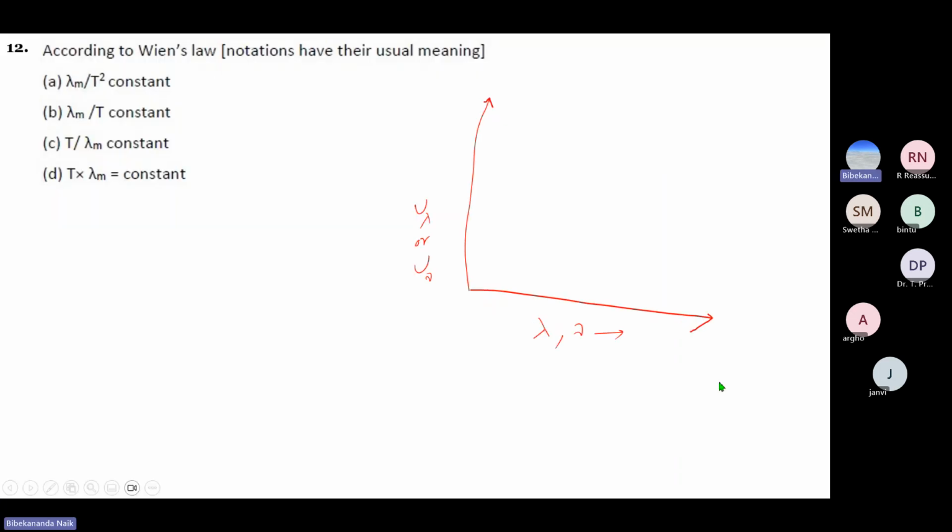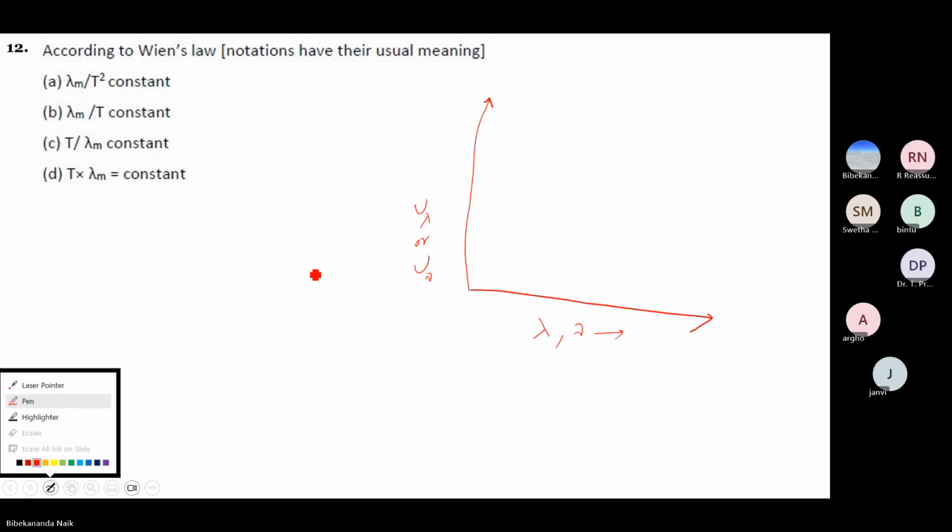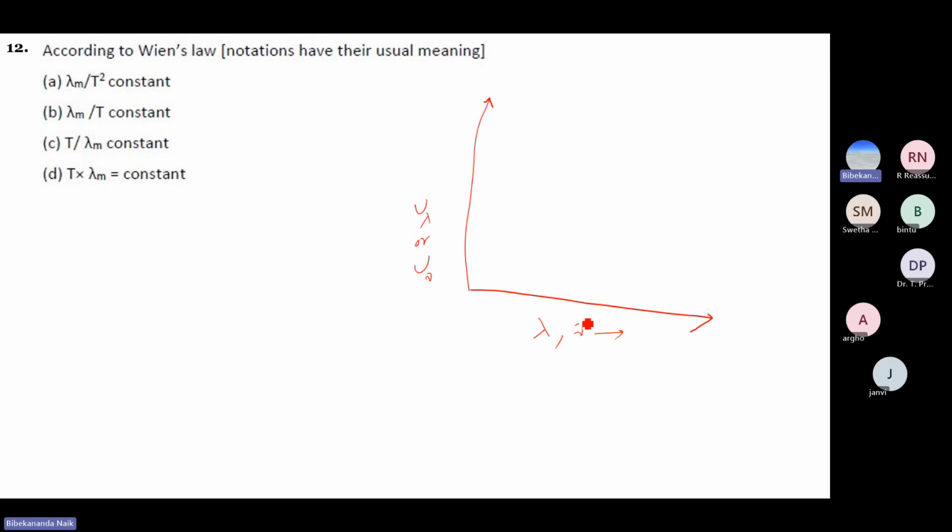So now let's plot with respect to lambda only.